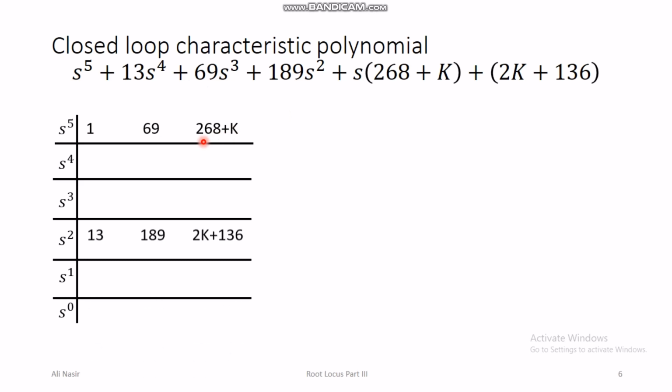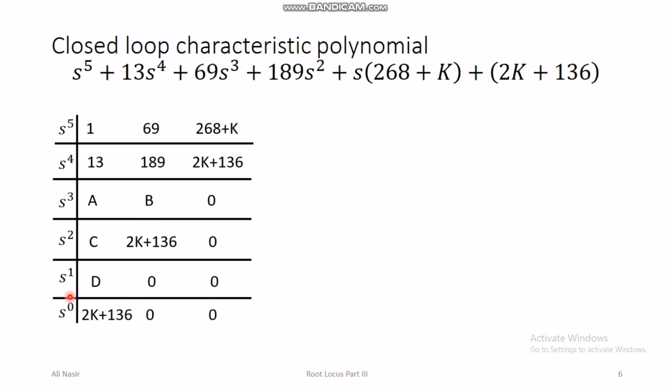And similarly we fill in the next row, and then we calculate 13 into 69 minus 189 divided by 13, that would be a. And then we can calculate 13 into 268 plus k minus 1 into 2k plus 136 divided by 13, that would be b, and so on. We keep on filling out this table, and you already know how to do that.